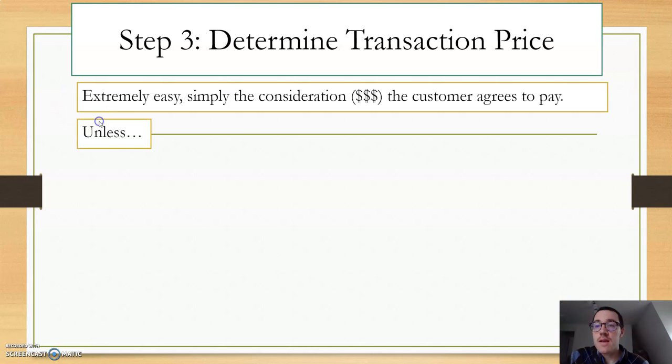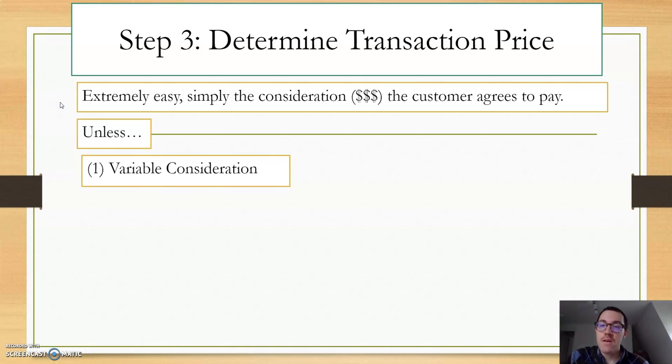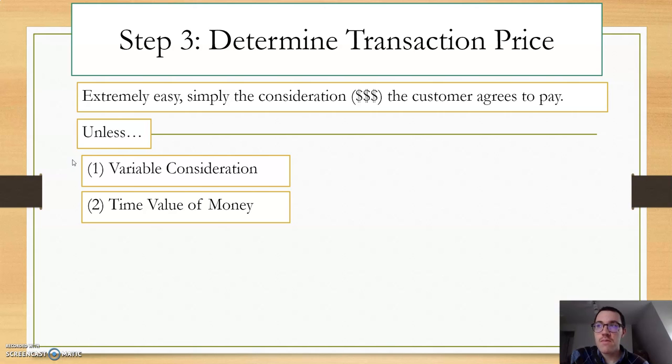Now it's really easy unless we have a few difficult situations that we have to talk about in detail. One is variable consideration. That's where the amount that the firm is going to receive varies, so it depends on something. The other situation is the time value of money, when you're going to get paid maybe in installments, or maybe you get paid all at once, but later on.